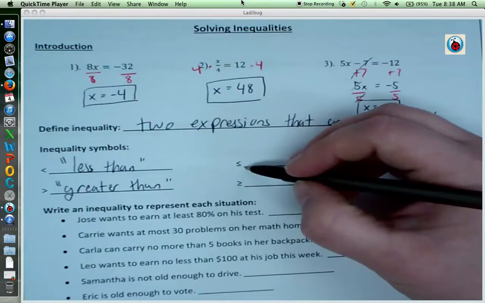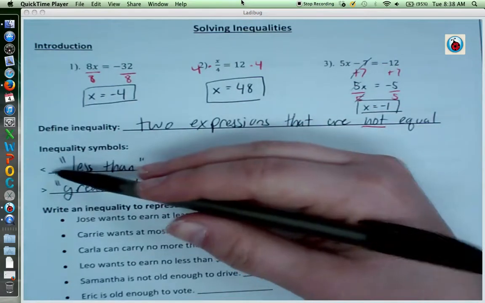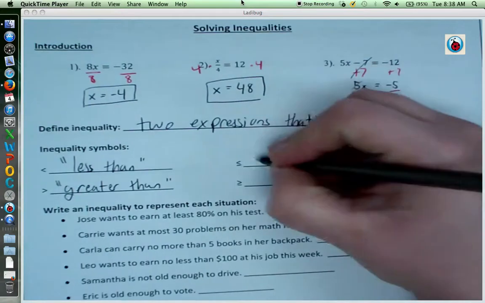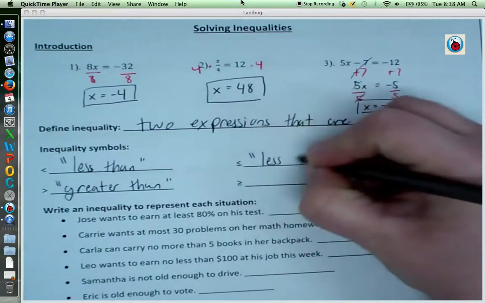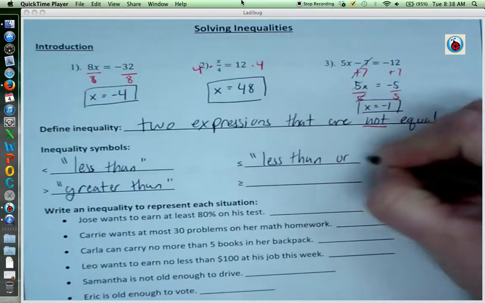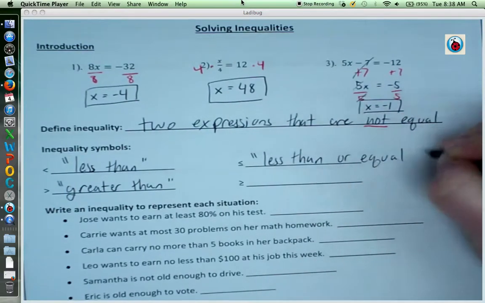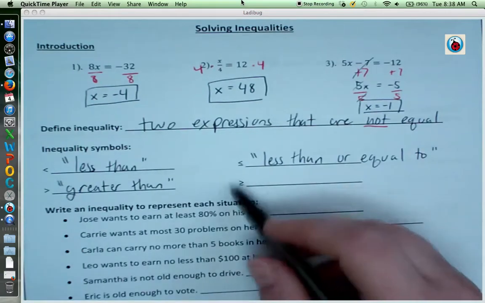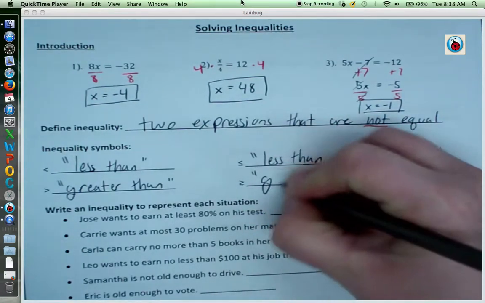So it's kind of like we took a less than symbol and an equal sign and put them together to get this symbol. This is called less than or equal to. In that case, the 2 sides could be equal, or one side is more than the other. Similarly, this symbol is greater than or equal to.